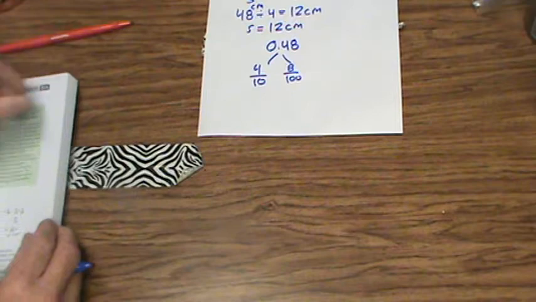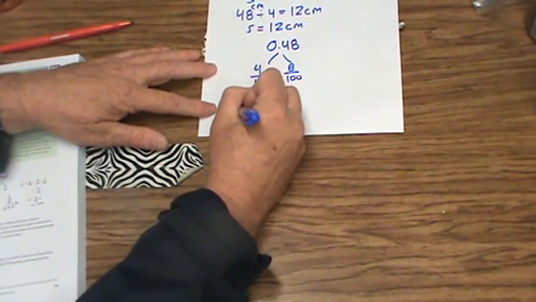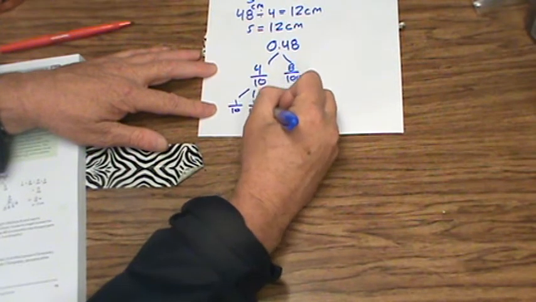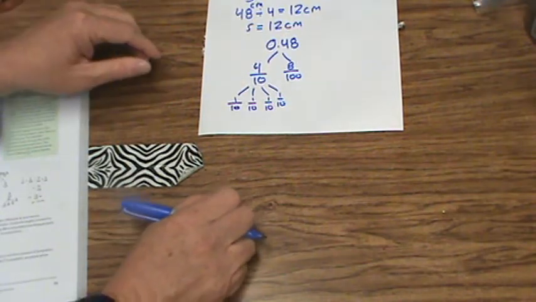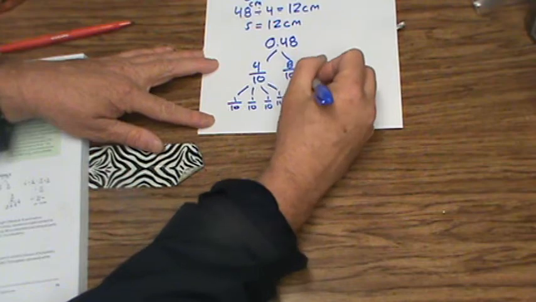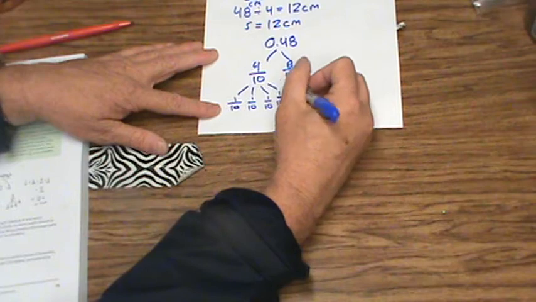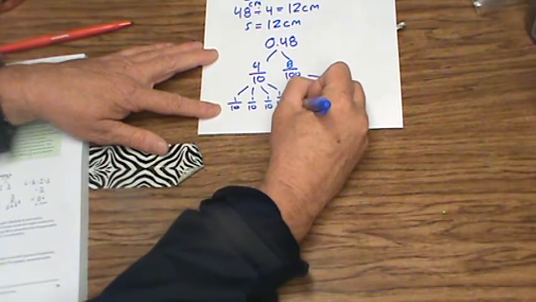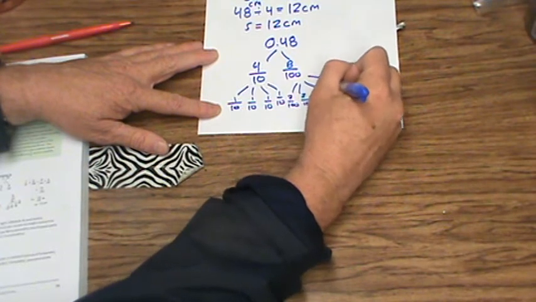So 4 tenths, we would have 1 tenth, 1 tenth, 1 tenth, and 1 tenth, all right there. And then on the 8 hundredths, we would divide that by 4, we would get 2 hundredths, 2 hundredths, 2 hundredths, and 2 hundredths.